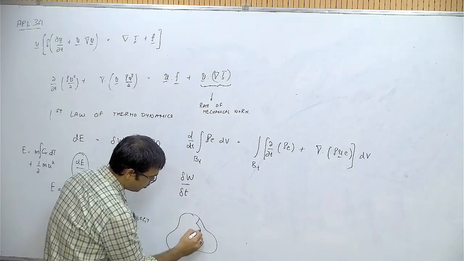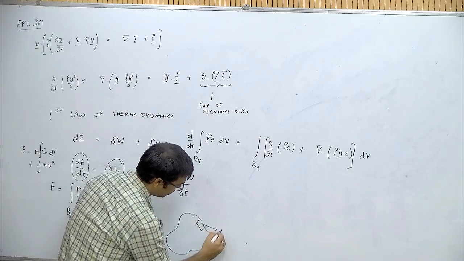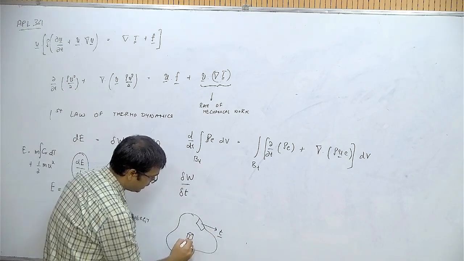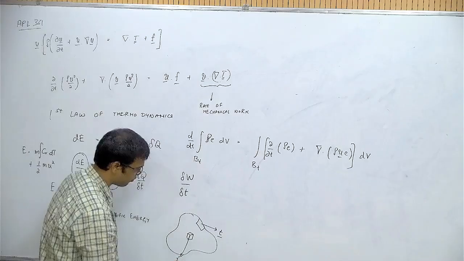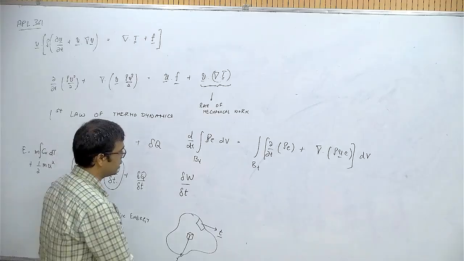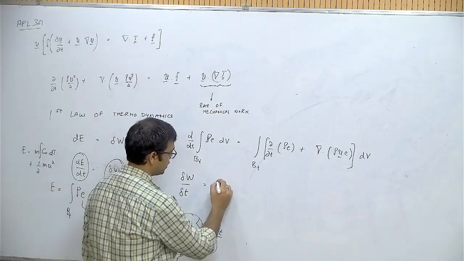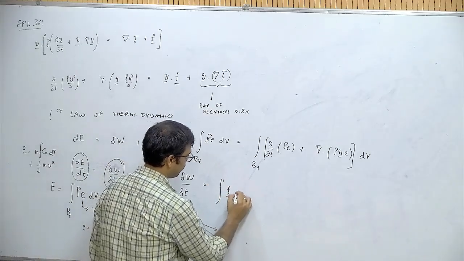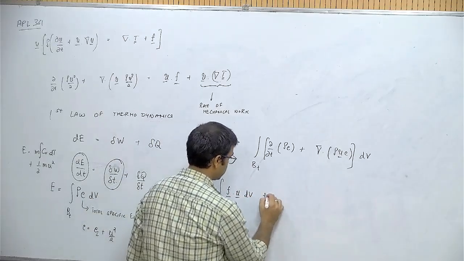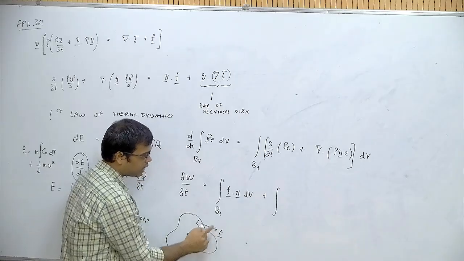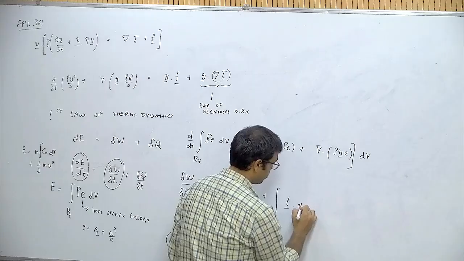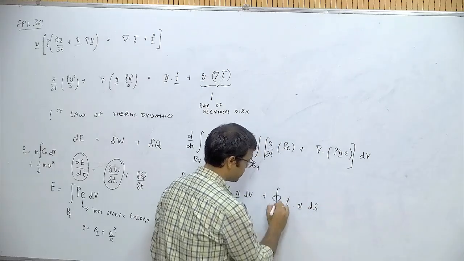On the surface you have some traction vector T, and on a volumetric element you have the force F. So the way you have to write this is F dot U dV plus the work done by the traction force over the whole surface, so T dot U dS.